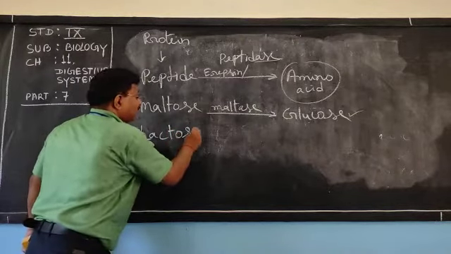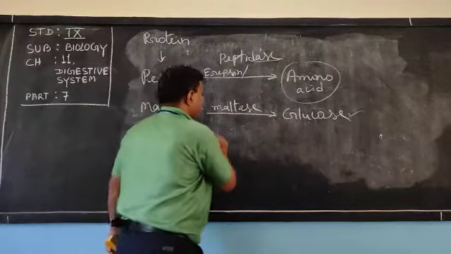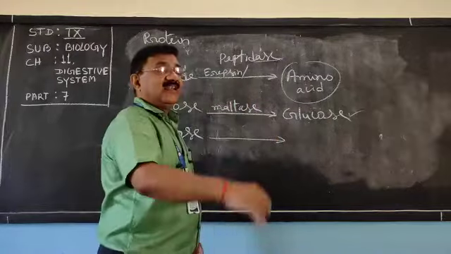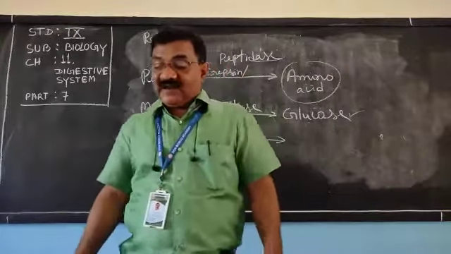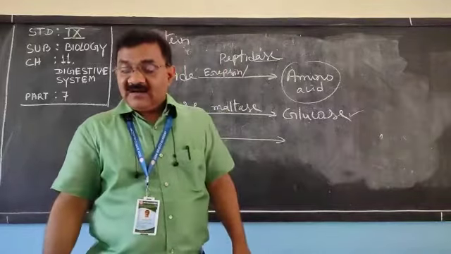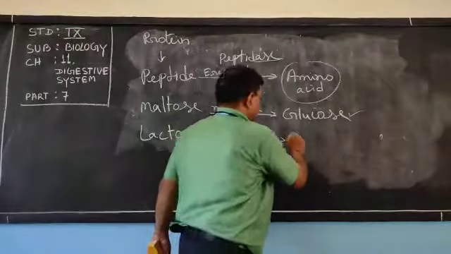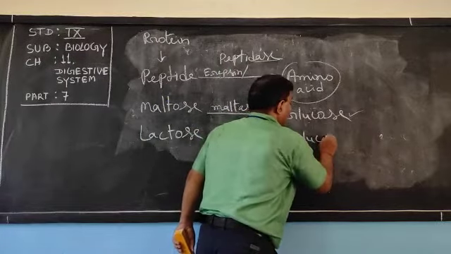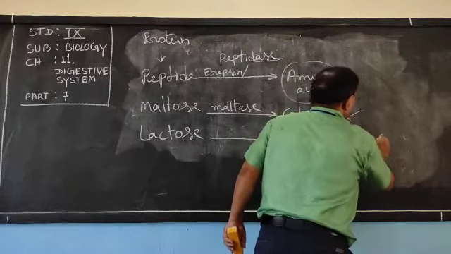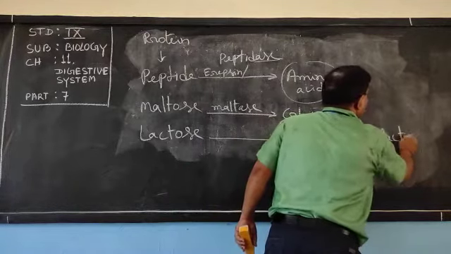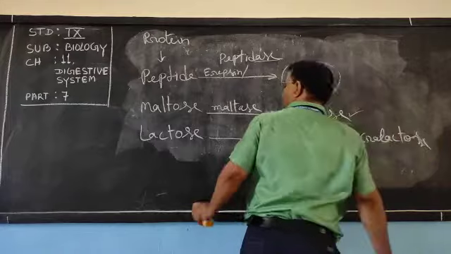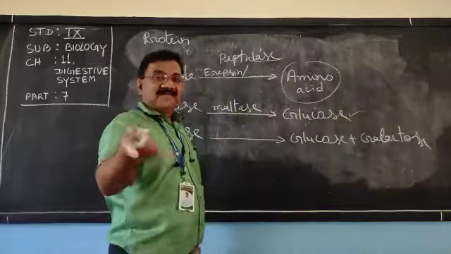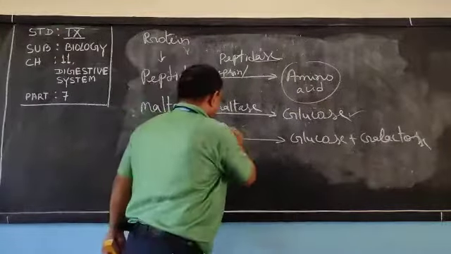A type of sugar that is not directly absorbed is changed into glucose and galactose. Lactose, by the help of enzyme lactase, is changed into glucose and galactose.